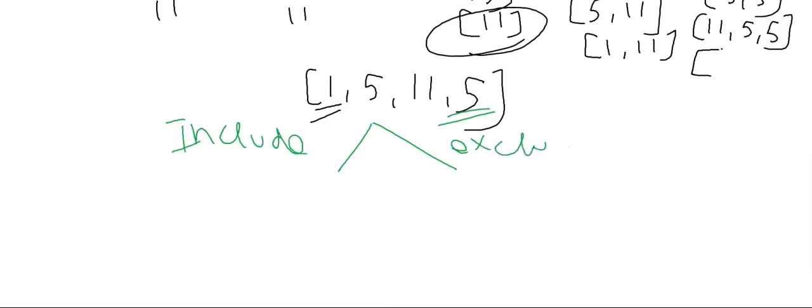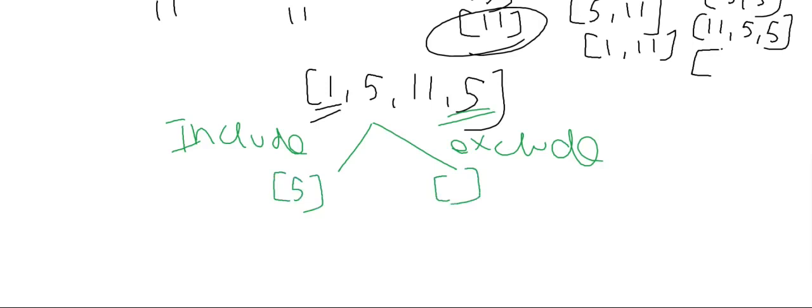Since we are doing this recursively, I'll start at this index with 5. Now, I have two choices. The first choice is I can include this 5 in my subset, or I can exclude it. These are the two options I have. If I include this 5 in the subset, I'll have 5, and if I exclude it, I'll have an empty subset.